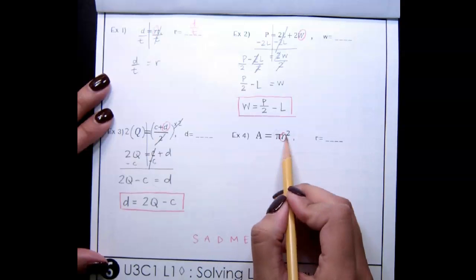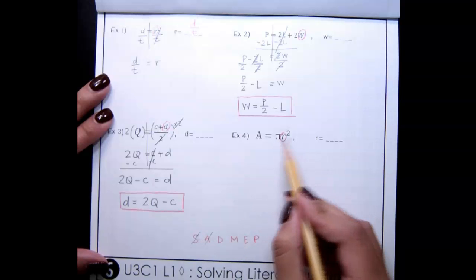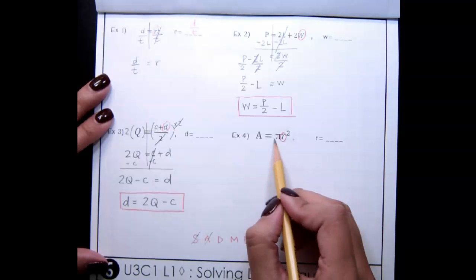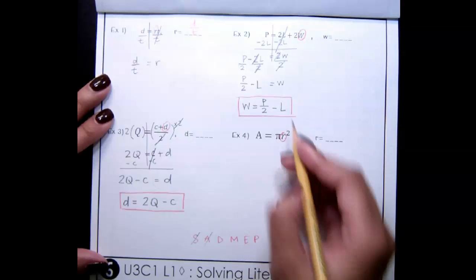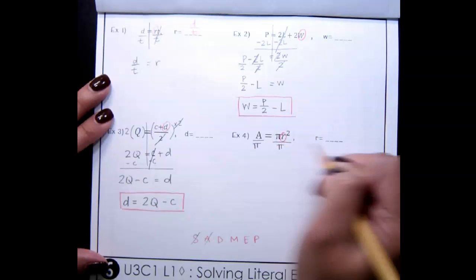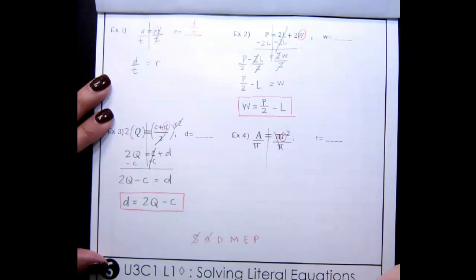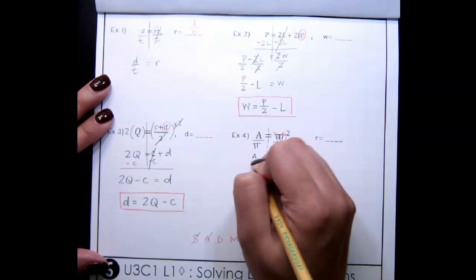Well, none of this is being added or subtracted, so I can't do that. Can I divide or multiply anything? Well, I can divide because this is pi. Pi is being multiplied by r because they're next to each other. So I'm going to divide both sides by pi. All right, that cancels out. So I have r squared equals A over pi.